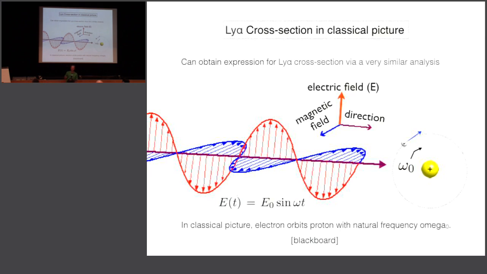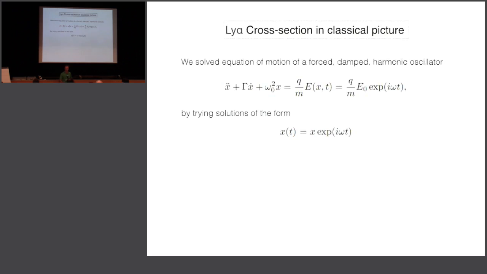But you can write down the equation of motion for this particular system, right? You have your electron that is orbiting a proton with a natural frequency omega naught. There's an incoming electromagnetic radiation that has a frequency omega, which is different. And it turns out that you can describe this system by what is known as a forced damped harmonic oscillator. So that's basically the equation that describes it.